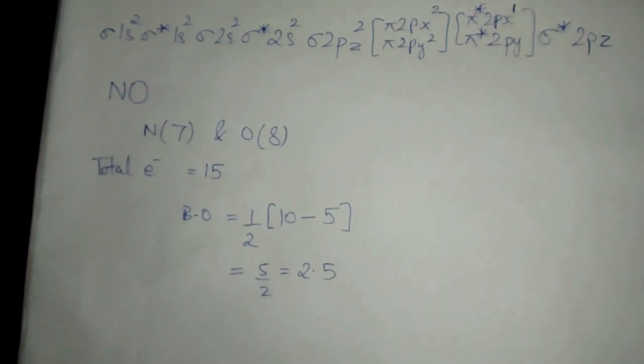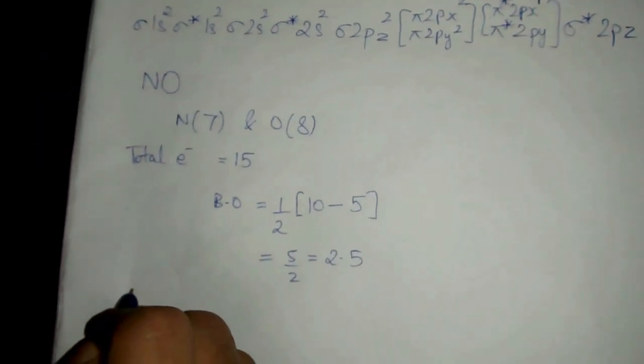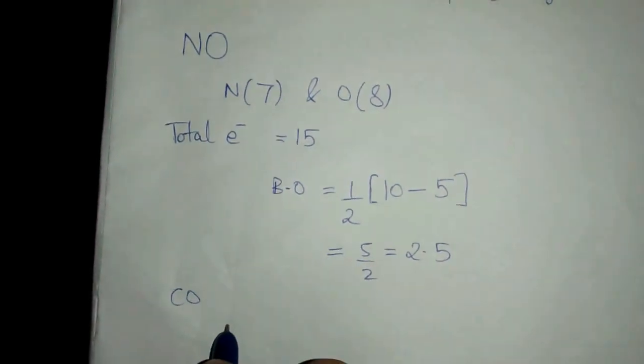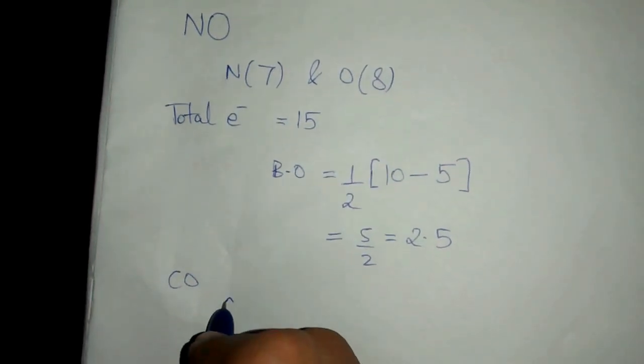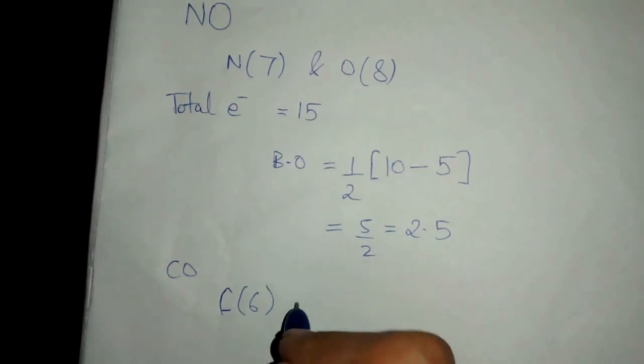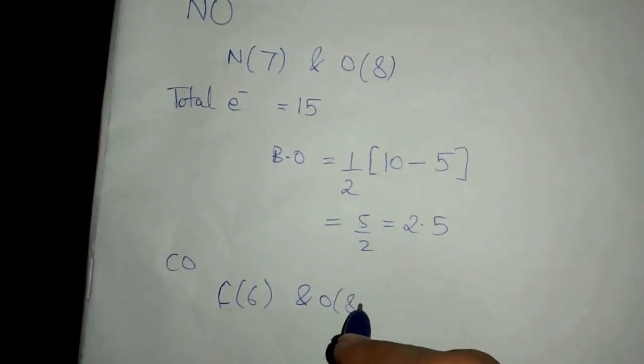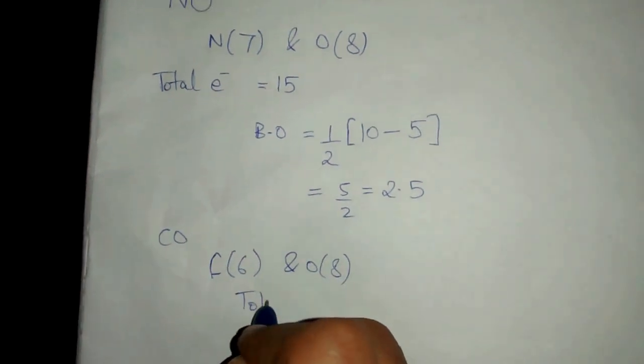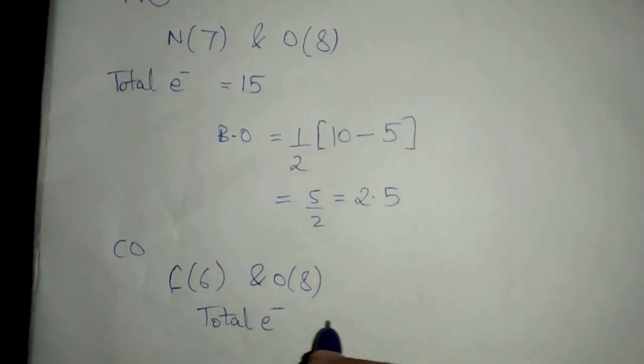Now let me take one more example, CO. The atomic number of C is 6 and of O is 8. So the total electrons become 14.